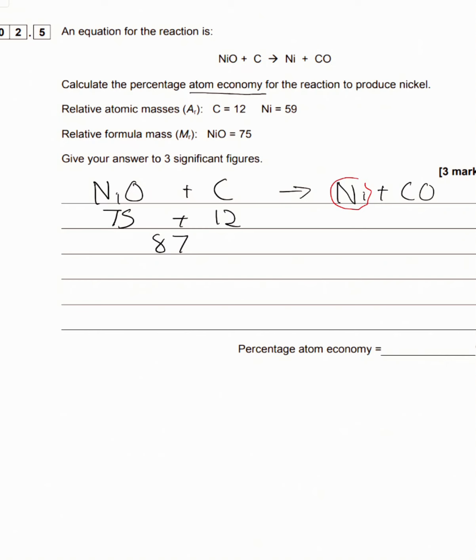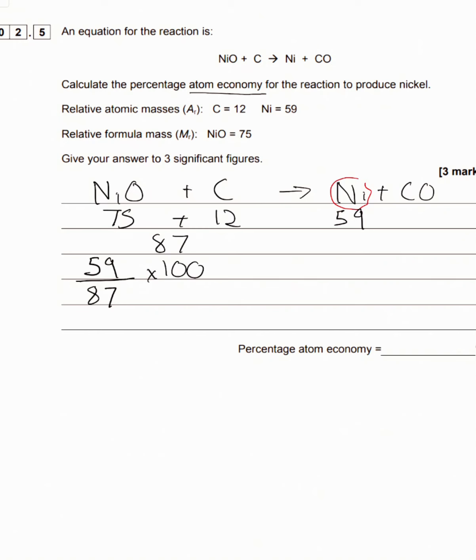Now the mass of the nickel on its own is 59. And we don't need to worry about the mass of the carbon dioxide. So we need to express as a percentage how much nickel we've got in comparison to how much mass we had to start off with. So we need to do 59 divided by 87 times 100.